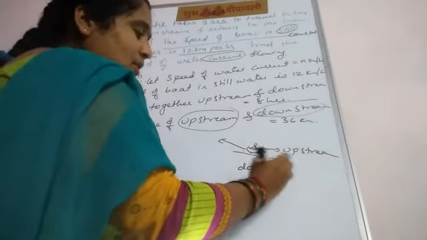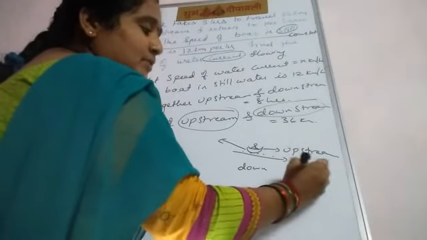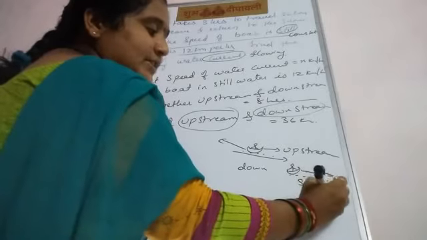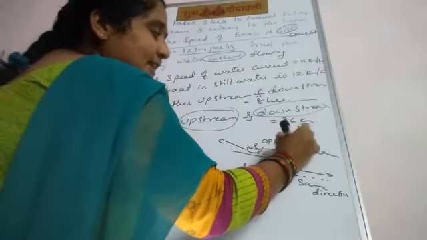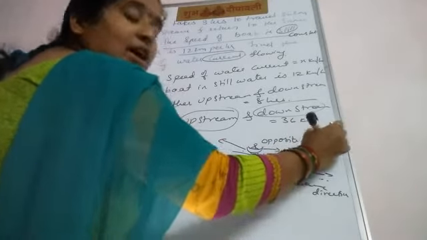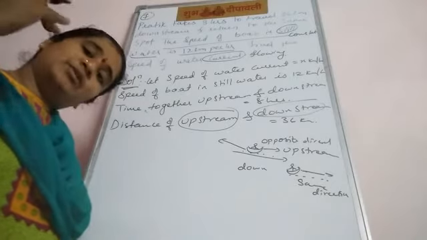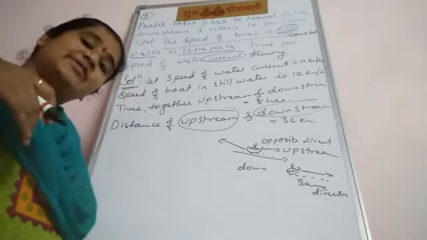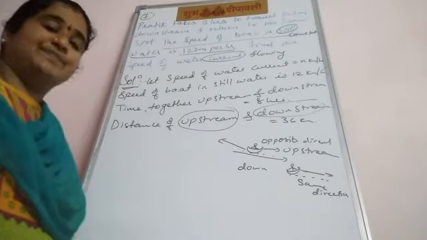For downstream, the boat and water both are in the same direction. Upstream means water coming down and the boat going up; they are in opposite directions. Downstream means water and boat both are in the same direction.